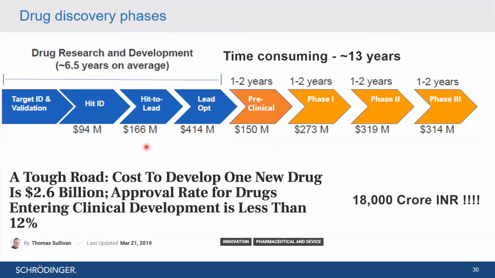But if you see smartly, there is an initial phase of drug discovery which spans around 6 to 7 years out of 13 to 15 years. In the initial phases, you perform high throughput virtual screening, you identify the target, you identify the molecule, you optimize that molecule.